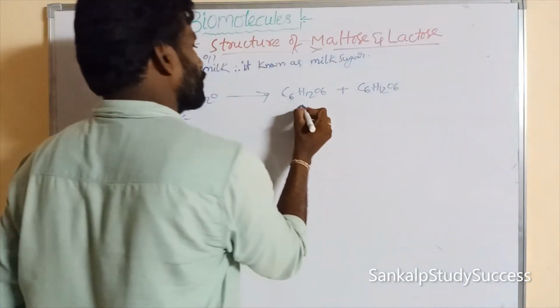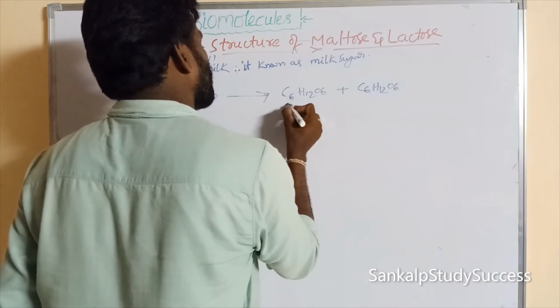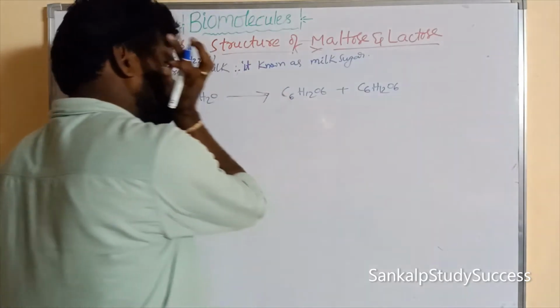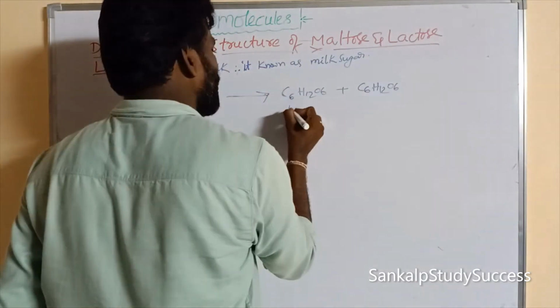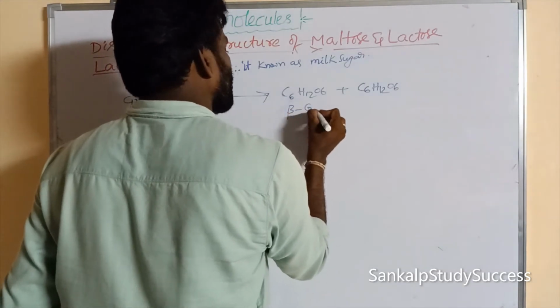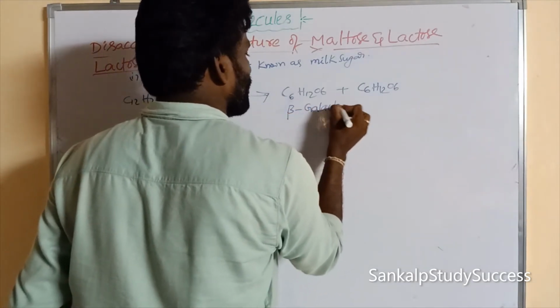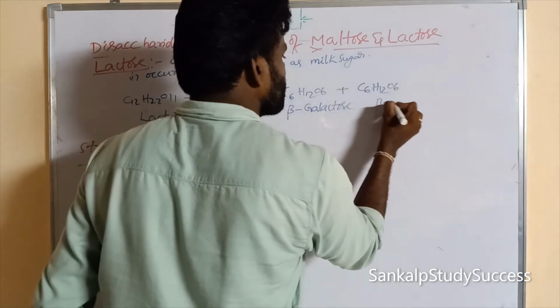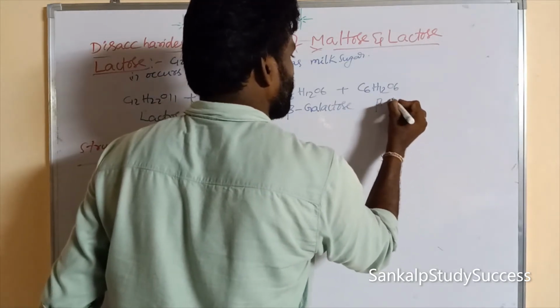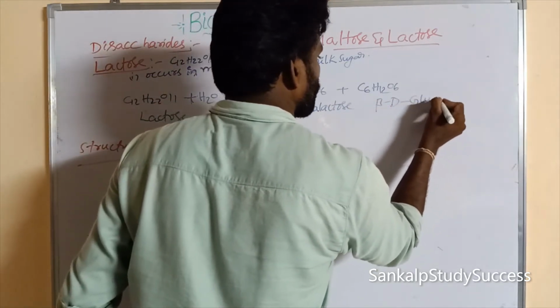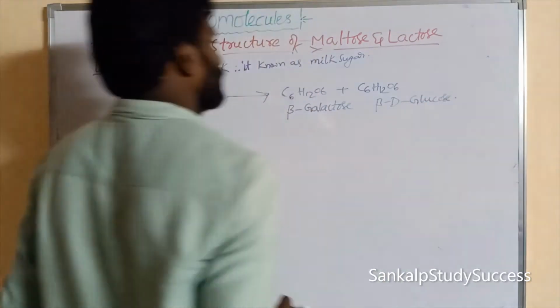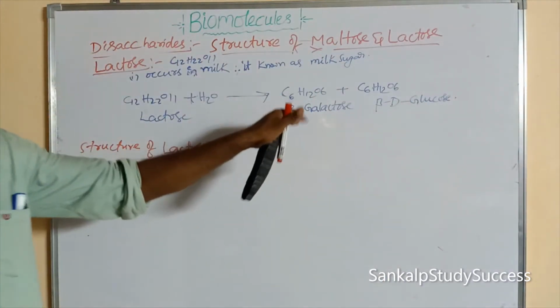So this is beta D galactose, and this is beta D glucose.